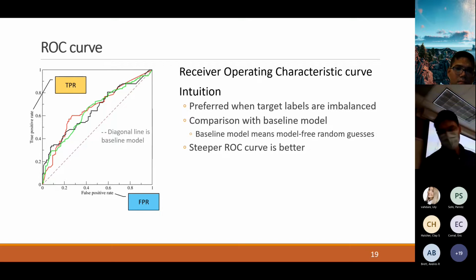Okay, so the last one is here, the ROC curve. It's a little bit complex here. In terms of using the curve, it's straightforward. You always have this graph, and first you have a diagonal line, and the way that the diagonal line is going is different from the confusion matrix.